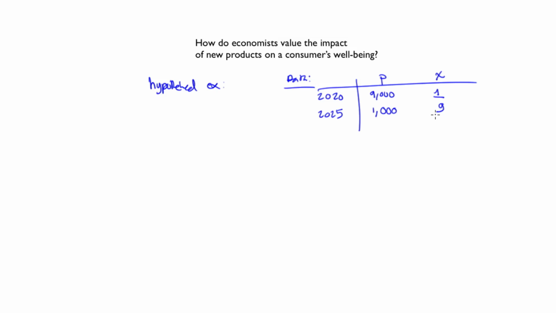Now, how would an economist use this data to compute the impact of the introduction of this new product called household robots on this typical consumer's well-being? So the first thing we can do is notice that, as we have argued before, we can use this data, which is a price of 9,000 and a demand of 1, and a price of 1,000 and a demand of 9, so we have 2 data points like this.